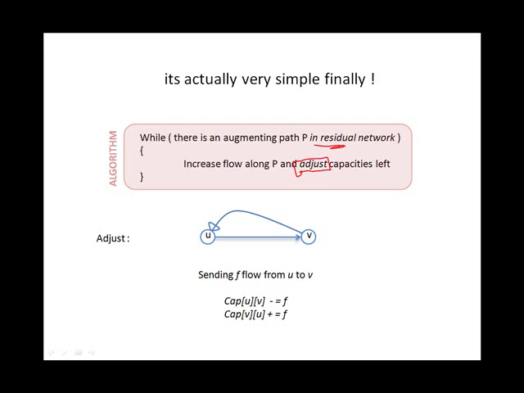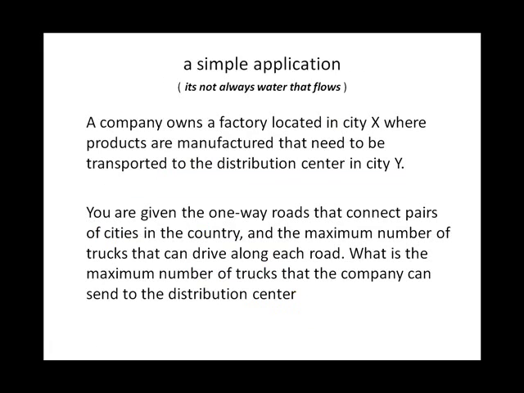When there is a flow F from U to V, the capacity left along the edge UV decreases by F, and at the same time the capacity of the reverse edge from V to U increases by F. So this is the final algorithm: as long as there is an augmenting path in the residual network from source to sink, increase the flow along that path and adjust the capacities left.